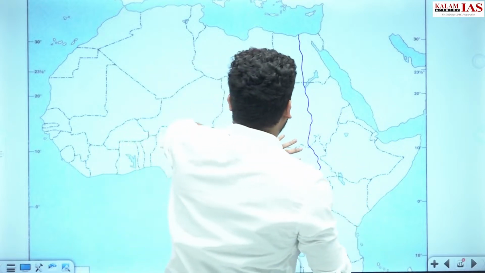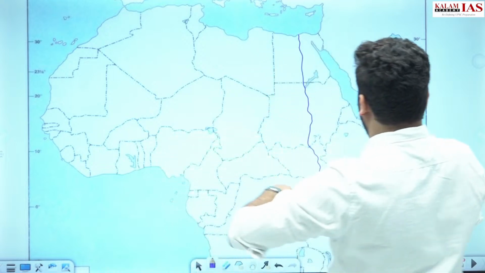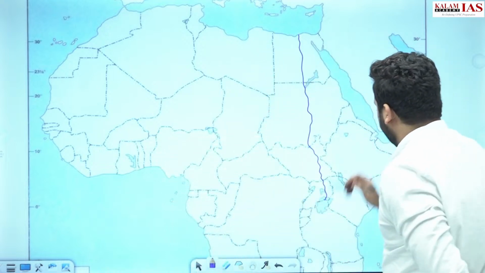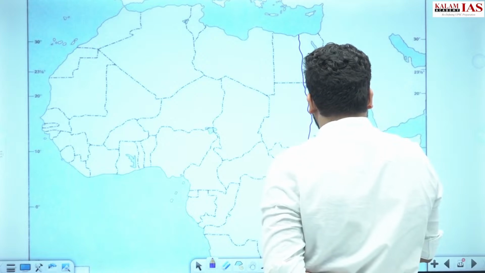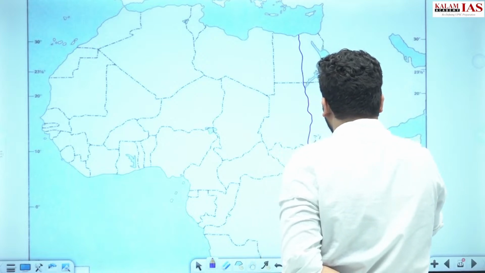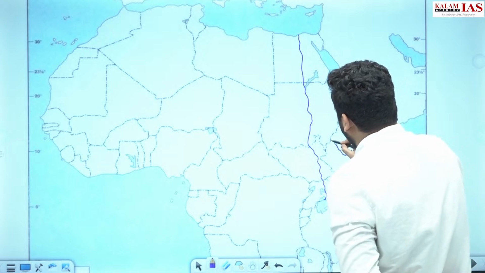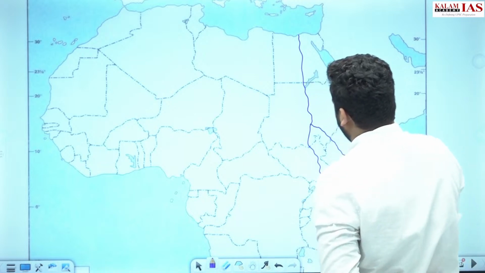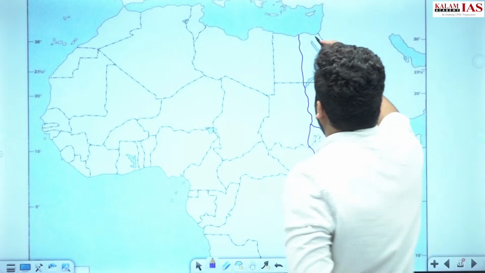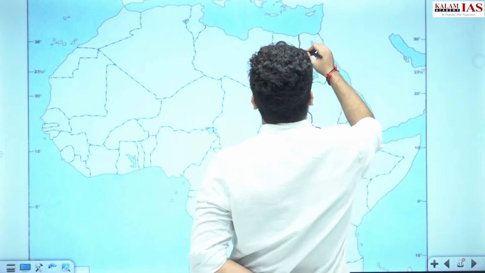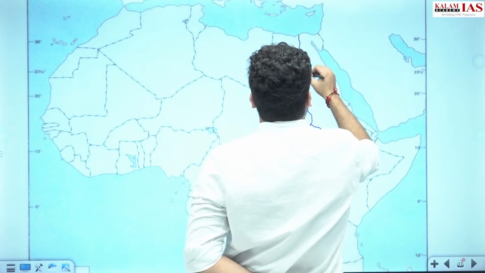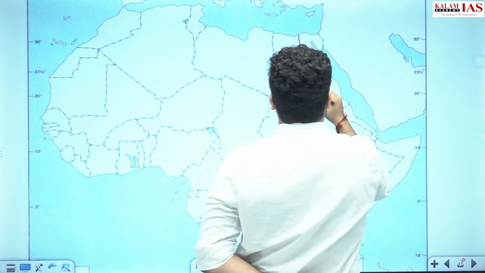This is called the White Nile, and it is joined by the Blue Nile.